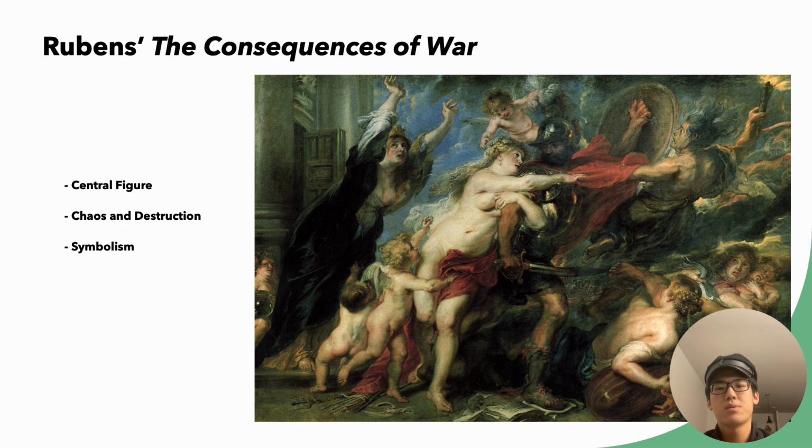As for the symbolism in this art, one of them is the olive branch and the caduceus, symbols of peace and diplomacy, which are discarded. There's also a grieving woman symbolizing Europe, dressed in black with a torn veil, symbolizing the continent's suffering during the war. As for the visual style, it has a dynamic composition with rolling figures that create a sense of motion and chaos, and the dramatic contrast of light and shadow emphasizes the emotional intensity.